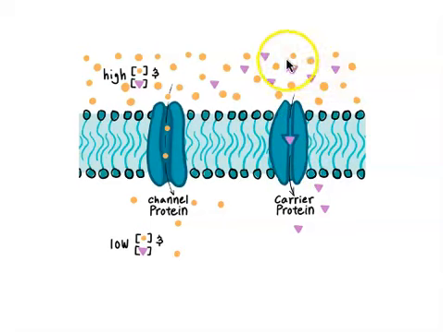When the pink triangle comes in and binds to that place, and again, think of it like a key going into a lock, that's going to cause this protein to change shape. Remember, proteins are folded up in one particular way so that they can perform one particular function.